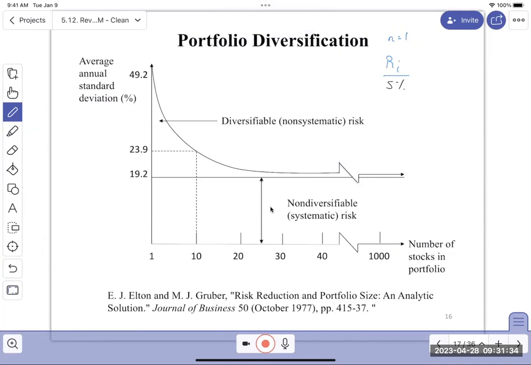Returns were computed with time series data, historical data. They might have even used ex-ante data, but I'm not sure. Probably just historical. And these are all different stocks. They just randomly picked a bunch of them.